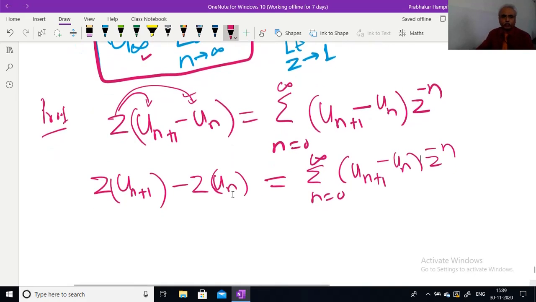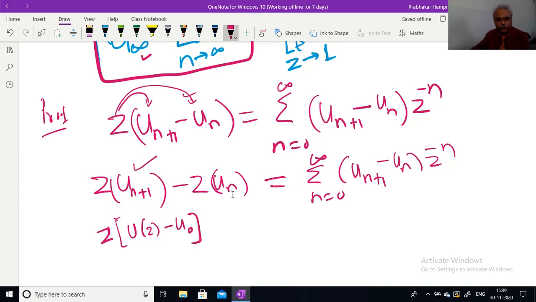Now because of the shifting theorem, you can write the first one as z into u(z) minus u naught, as the first one minus the second one, minus Z of u_n as it is. Z of u_n is u(z) only.